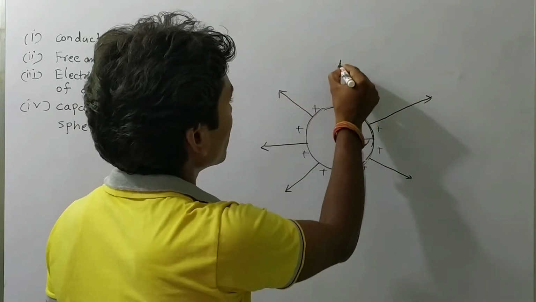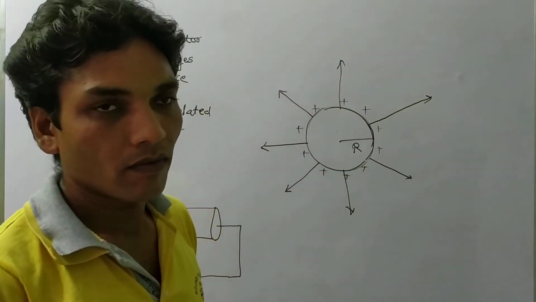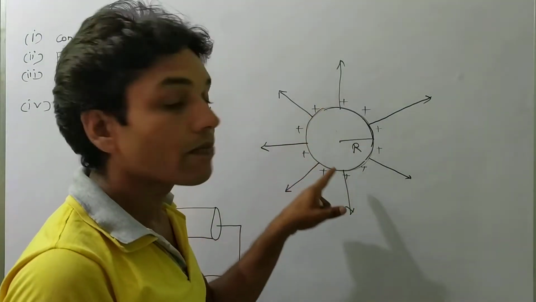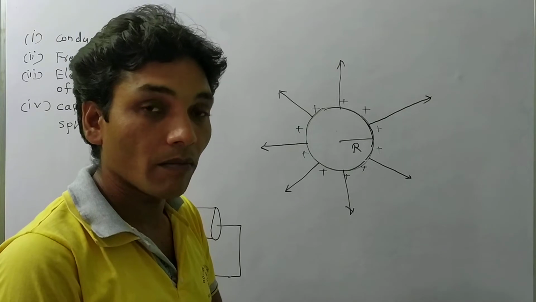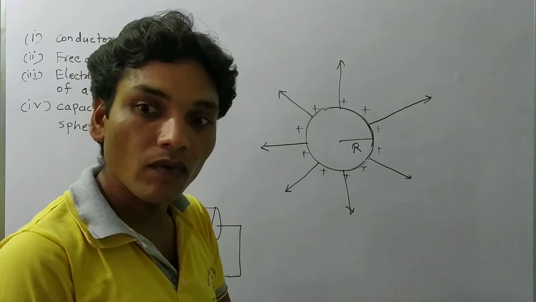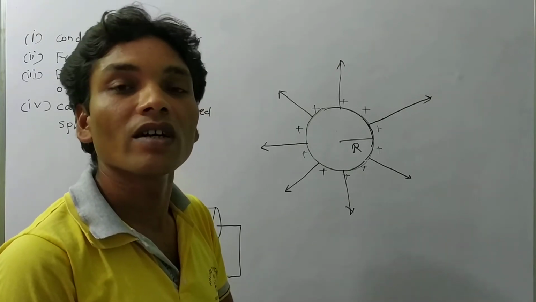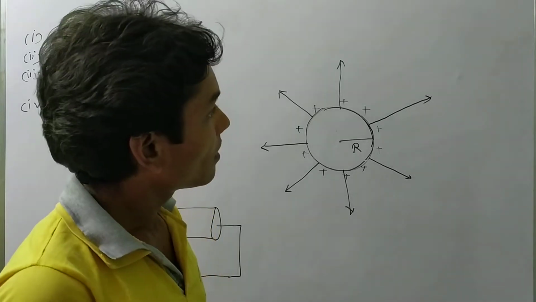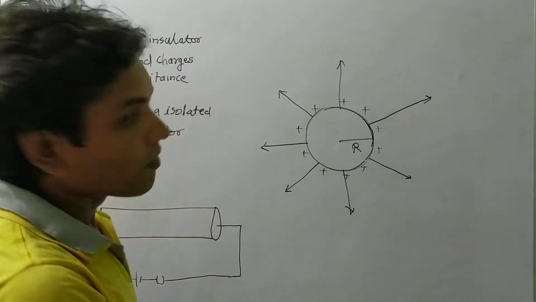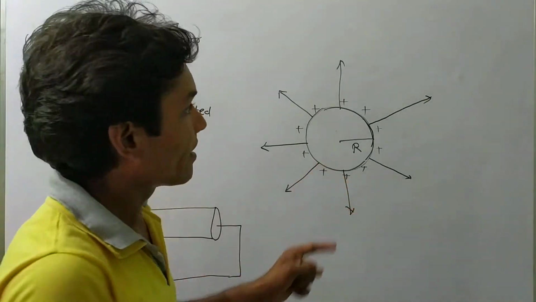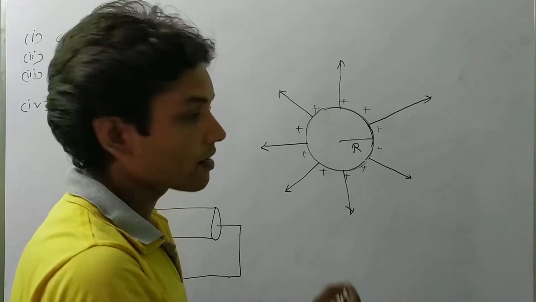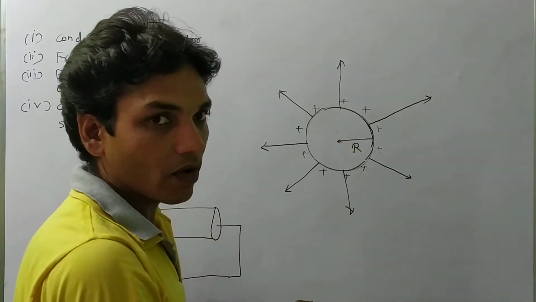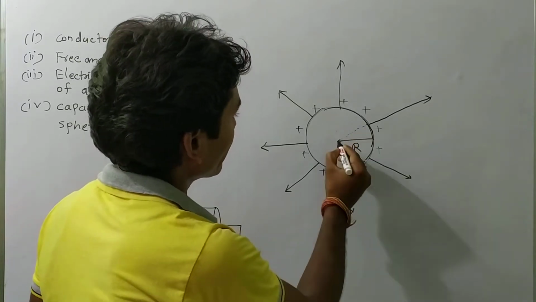These are the electric lines of force on a spherical conductor, because the electric lines of force are perpendicular to the surface of the conductor. Here it seems that these lines of force start from this point.